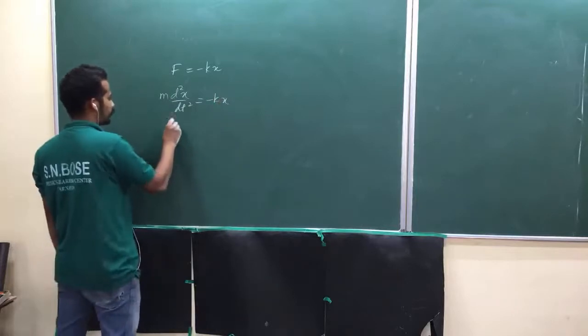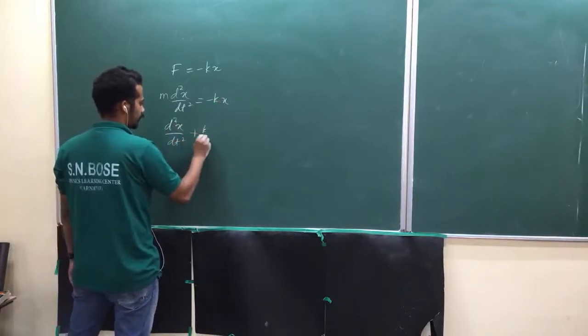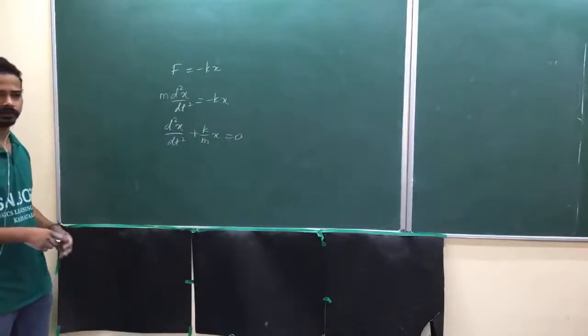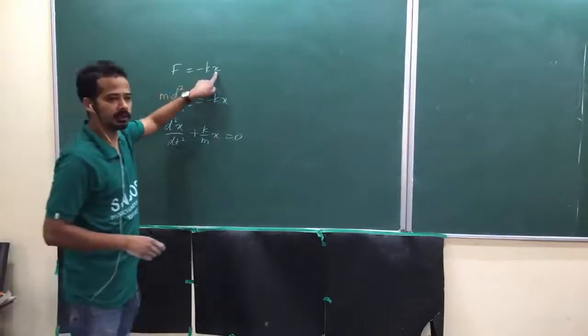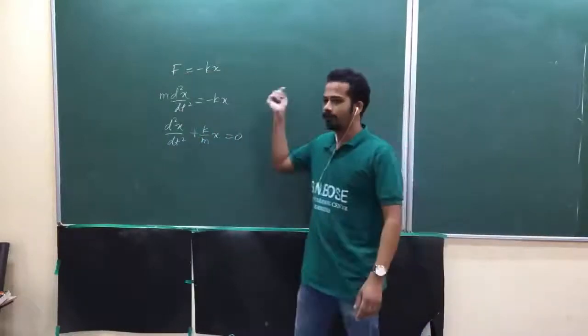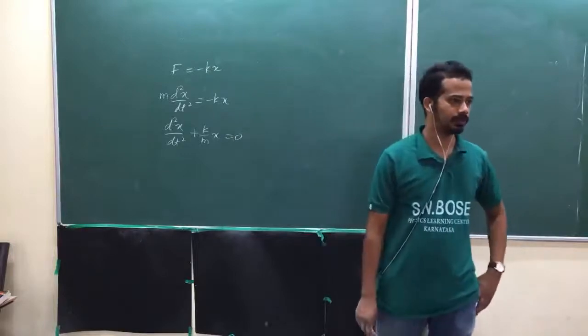When you manipulate this, d²x/dt² + (k/m)x = 0. This is the differential equation for spring motion, isn't it? For a spring, x is the displacement from the mean position. When you displace the mass from the mean position, the force will be opposite to your displacement and proportional to the displacement.